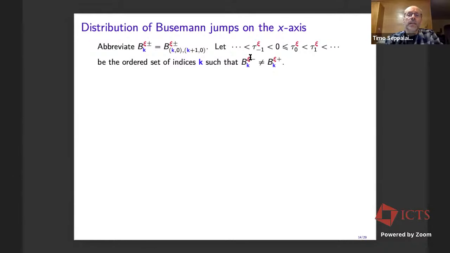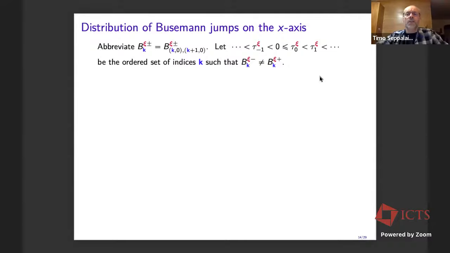Now, of course, only at most countably many of these xi values are jump points. So for those that are not jump points, the taus are not defined, or you can just take them to be, say, minus infinity on the left and plus infinity on the right. So the taus are relevant only when there are jumps. Any questions about that notation there?